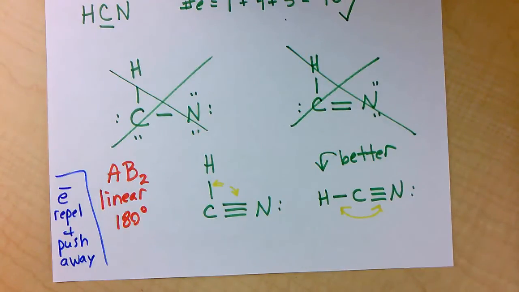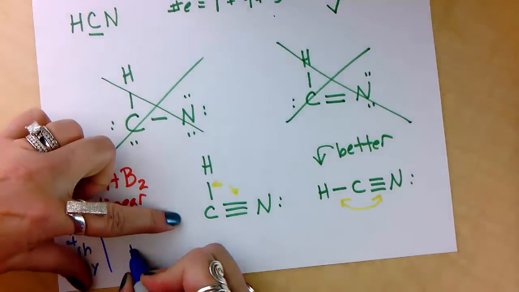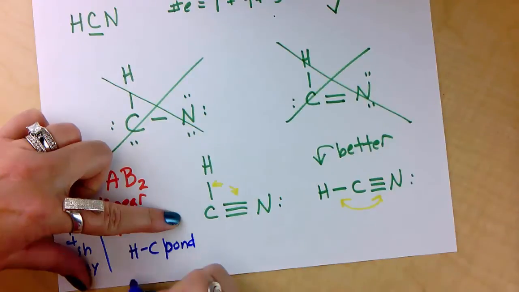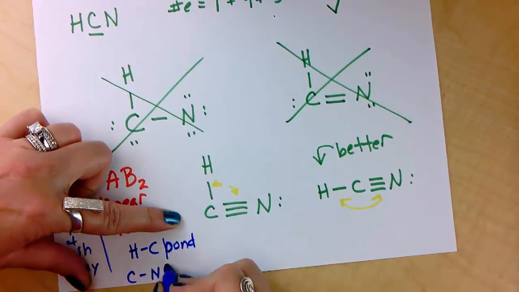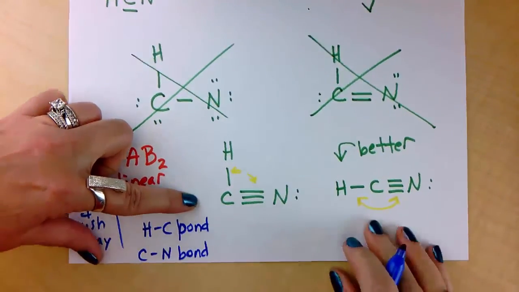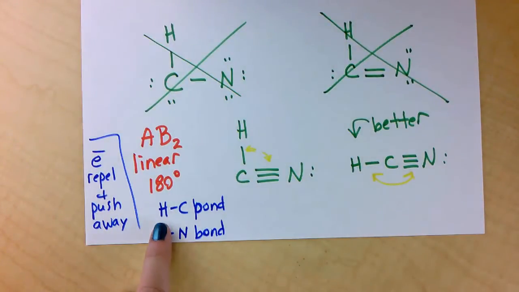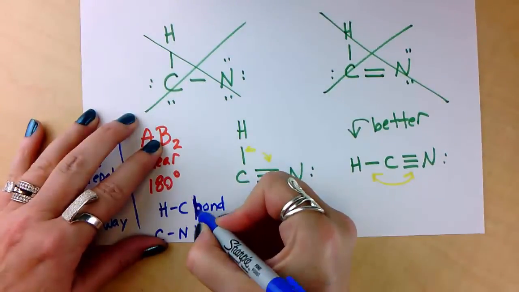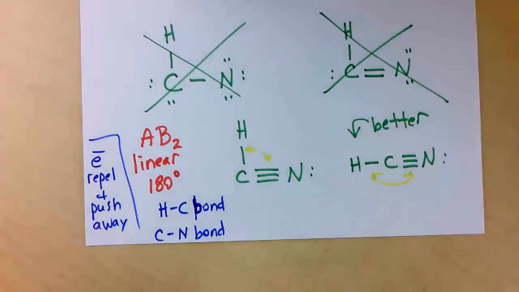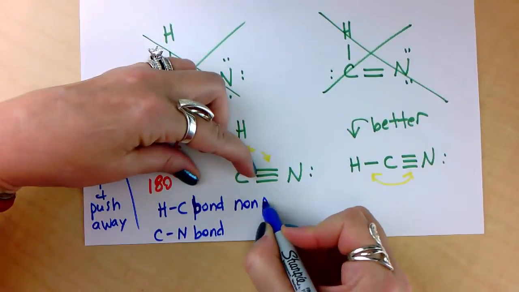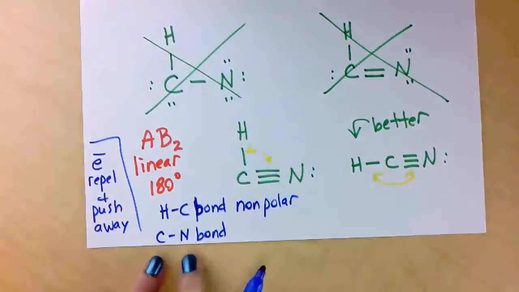Now let's talk about polarity. We have an HC bond and we have a CN bond. Those are the two bonds in this structure. What do we know about the HC bond? Would that be polar or nonpolar? I hope you remember from your lesson that CH bonds are nonpolar. What about C to N?